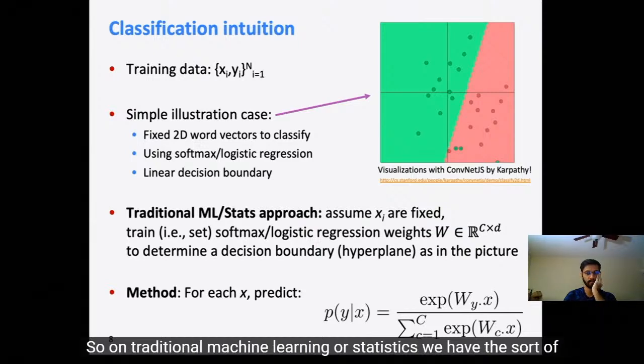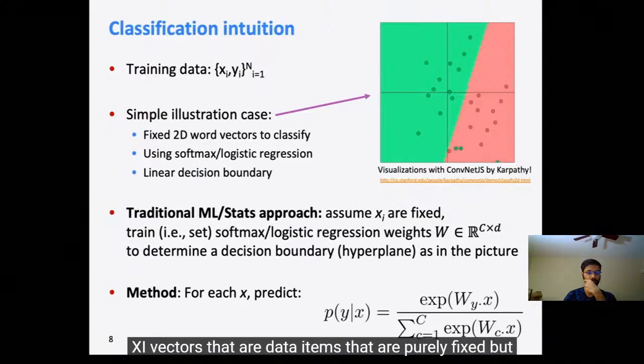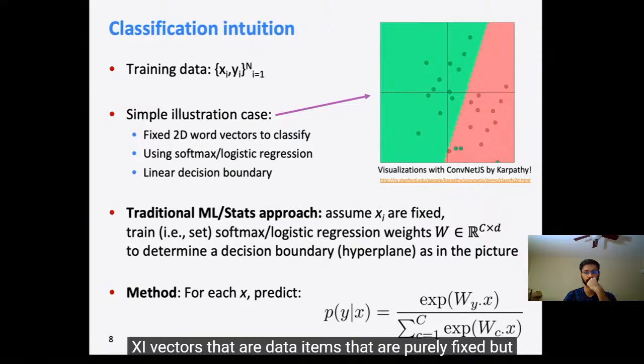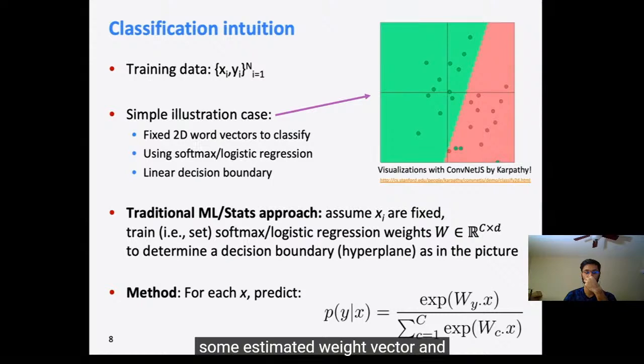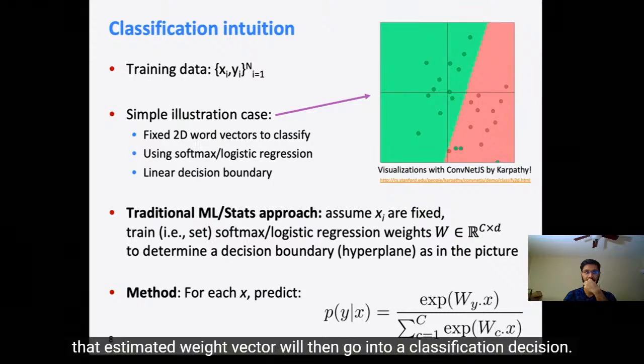So in traditional machine learning or statistics, the x_i vectors are our data items that are purely fixed, but we're going to multiply those x_i by some estimated weight vector, and that estimated weight vector will then go into a classification decision.